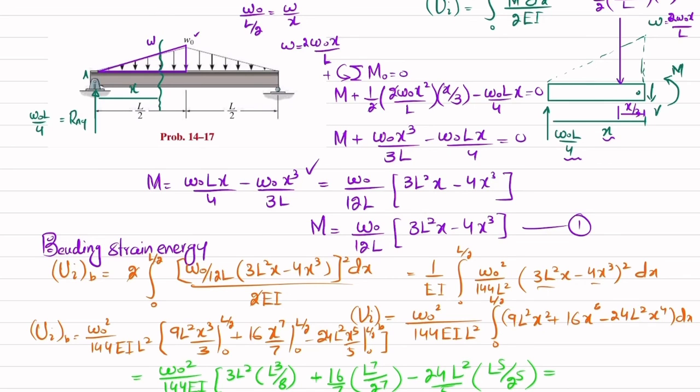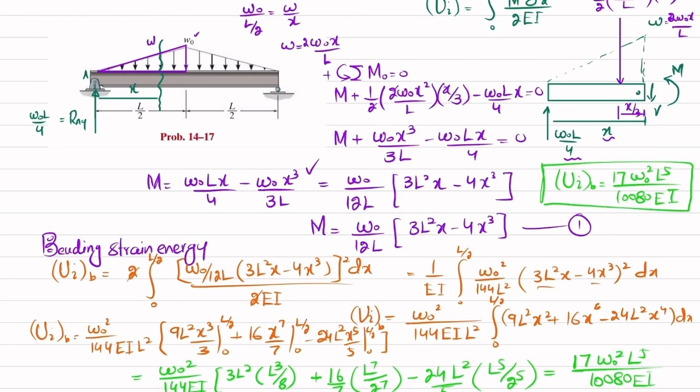And when you simplify all this, the final value comes out to be 17 W naught square L to the power 5 over 10080 EI. So the final answer, strain energy due to bending, will be equal to 17 W naught square L to the power 5 over 10080 EI, which will be our answer.